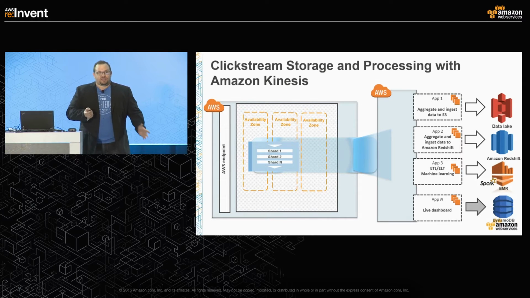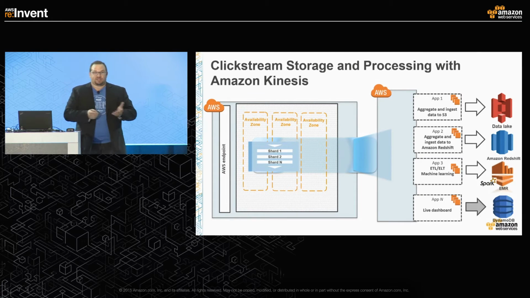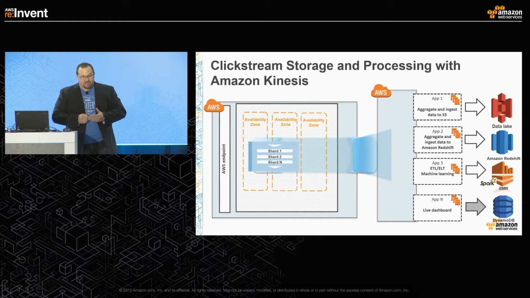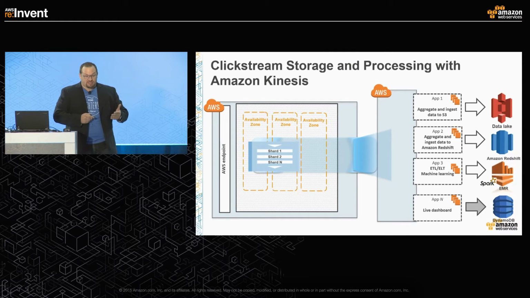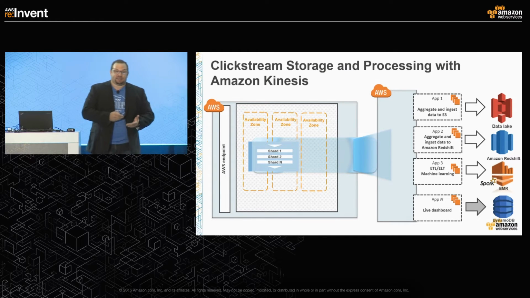What's unique with Kinesis is that you can have multiple applications that process the clickstream data or any data that is a blob, and you can have one application that loads it to S3 as your data lake. You can have one application that loads it to Redshift. One application you can use EMR to process the data, or DynamoDB, or we have custom applications that customers are building using the Kinesis client libraries.